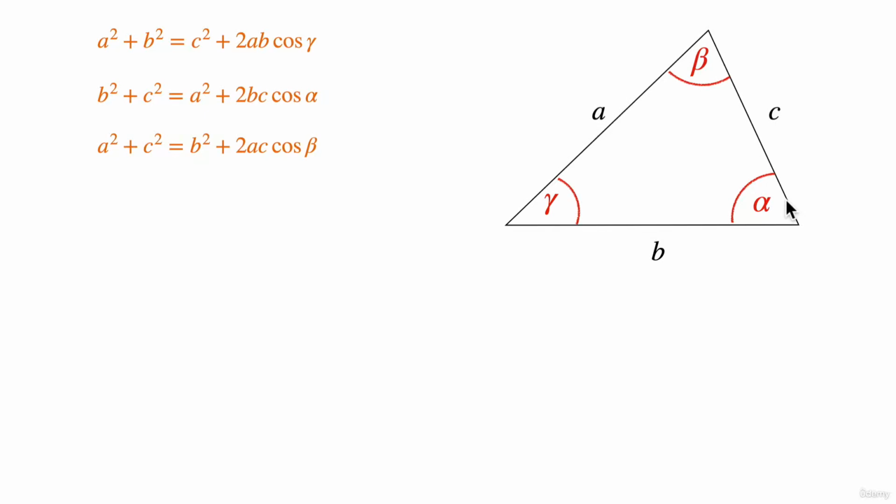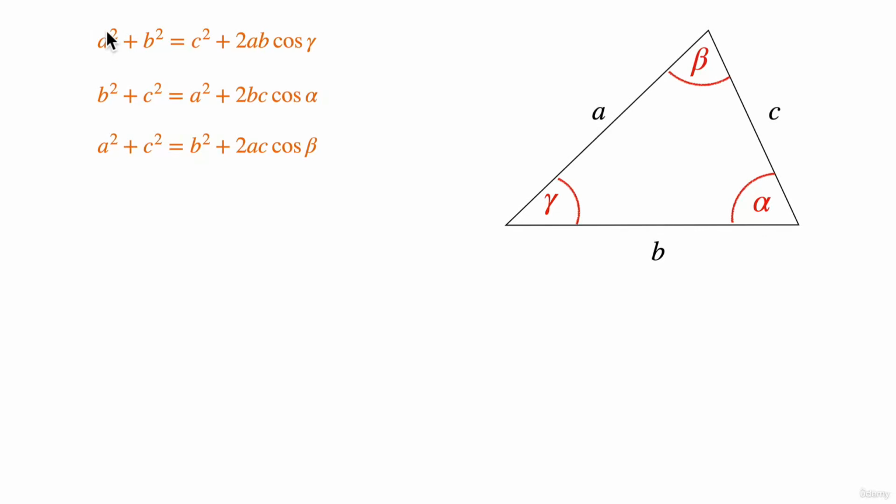So alpha is opposite to the side length a. Beta, which is kind of b, is opposite the side with length b. And the 3rd one, gamma, is opposite to the side with length c.